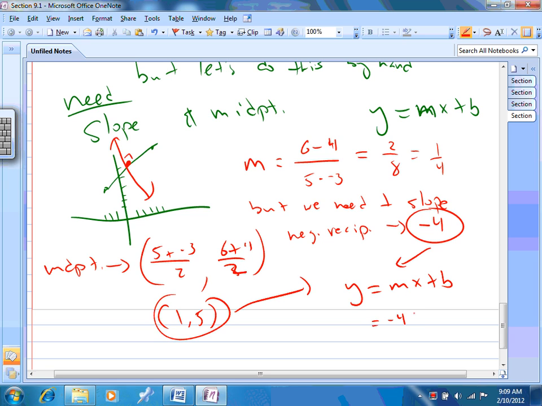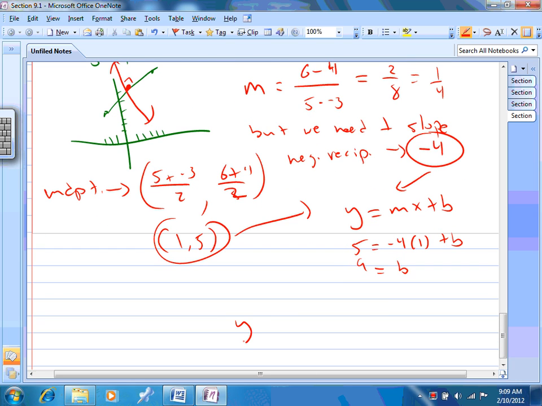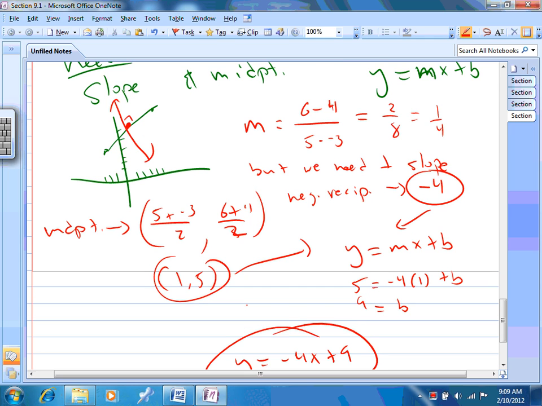Plug in negative 4 for m, 1 for x, and 5 for y. What does b equal? 9. And so your equation is simply negative 4x plus 9, which kind of makes sense just looking at it. It has a pretty steep negative slope and crosses the y-axis at 9.